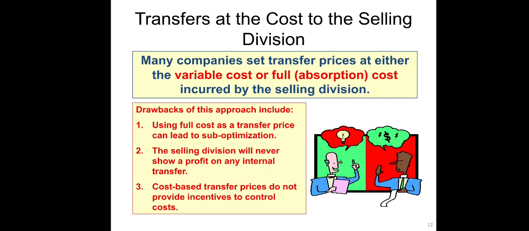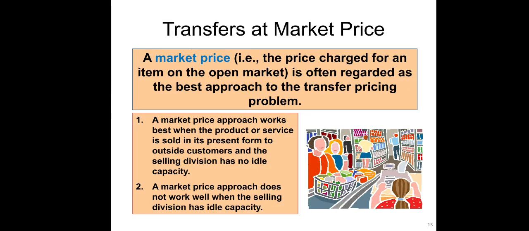Okay, this is the second method. Okay, this is the third method. The third method that can be used to set transfer price when a segment within a business sells or transfers its product or services to another segment is transfer at market price. See the first orange box.